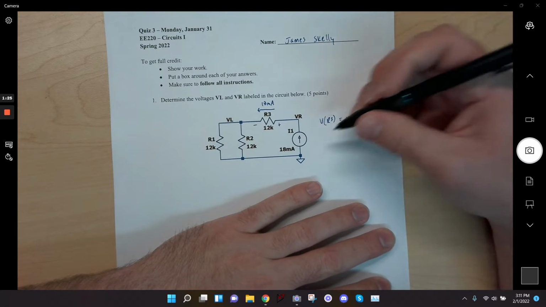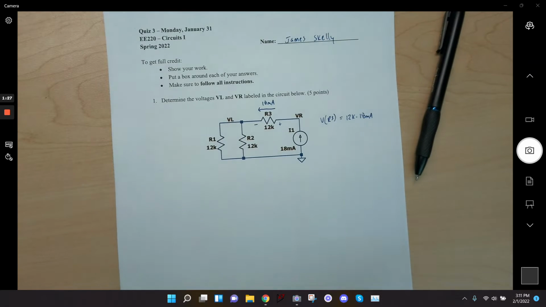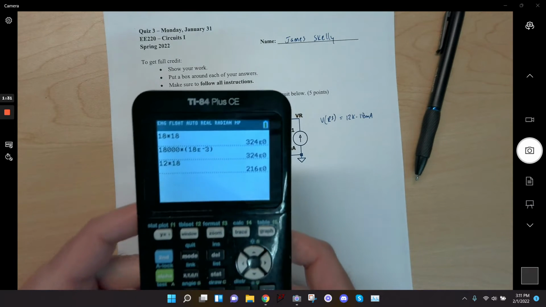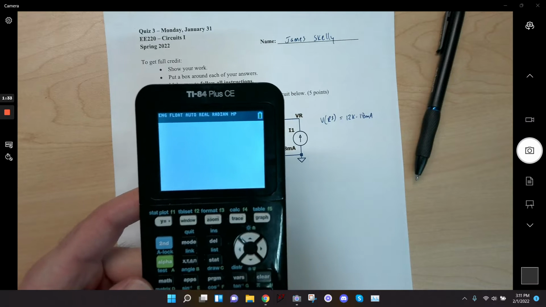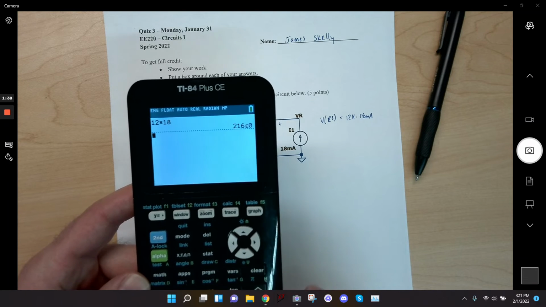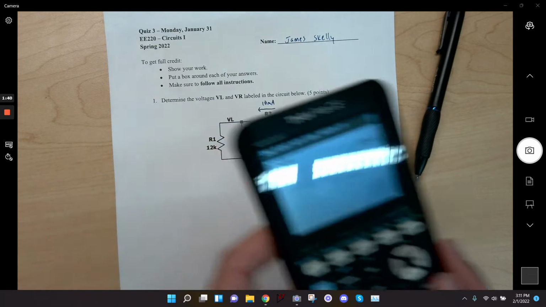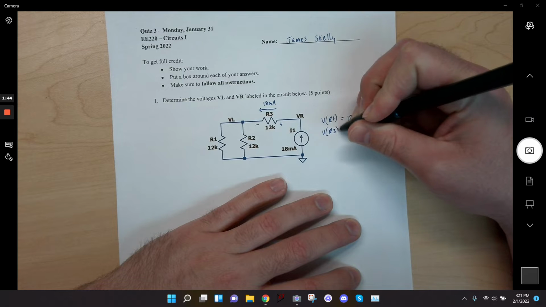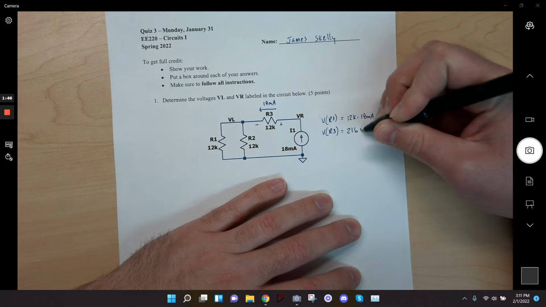So if I multiply those, I'll use my calculator. The milli and the K cancel, so it's just 12 times 18, and that gives me 216. So the voltage across R3 is 216 volts.